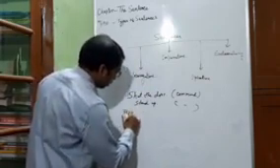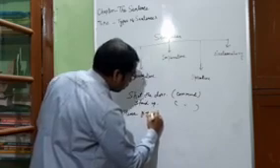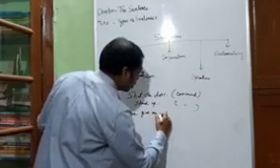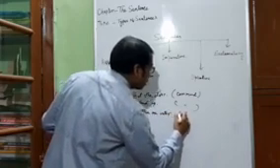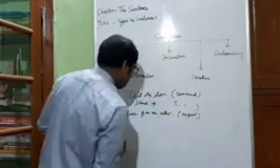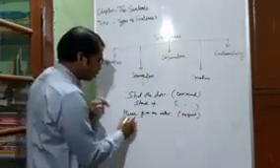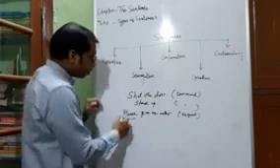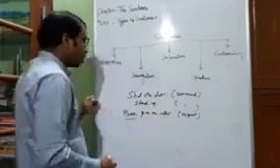Next, please give me water. This is a request. Please give me water. This is a request. The word please shows so. Presence of this at the beginning suggests that it is a request.